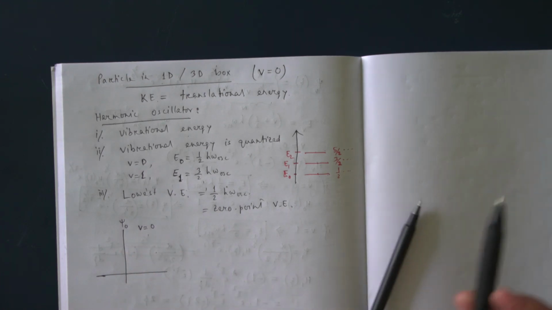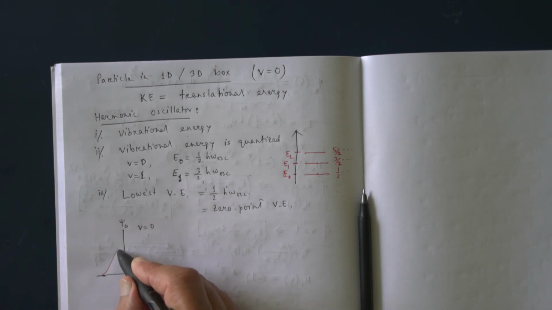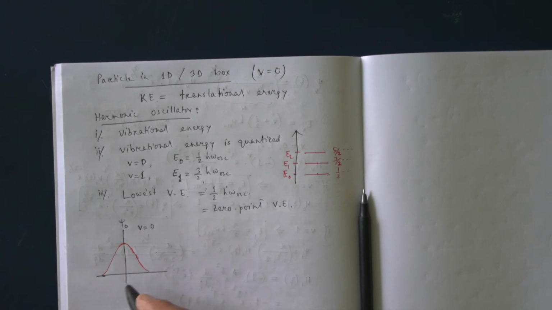If we plot, we will get a function like this, against xi or x. The nature of the function will be the same.